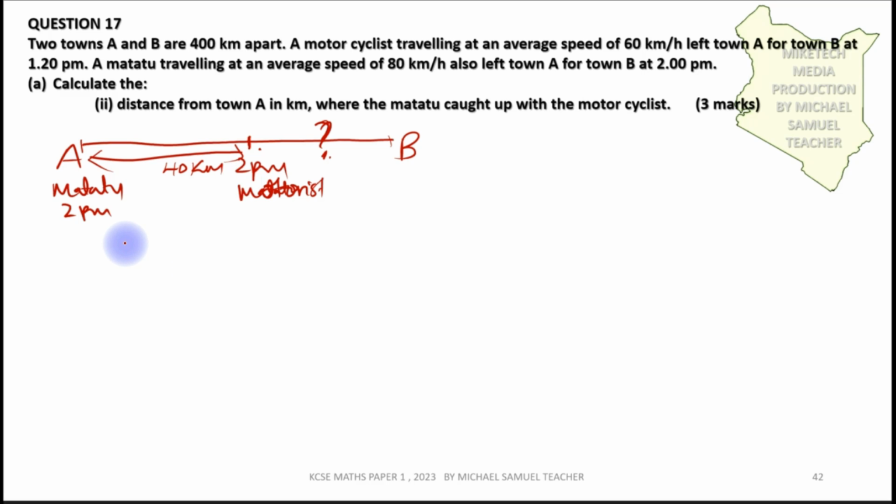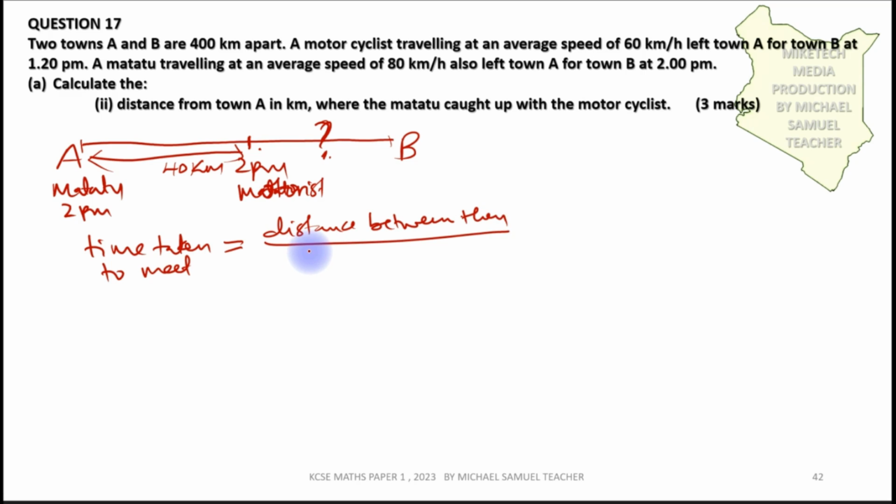The time taken to meet is given by the distance between the two vehicles divided by the relative speed.